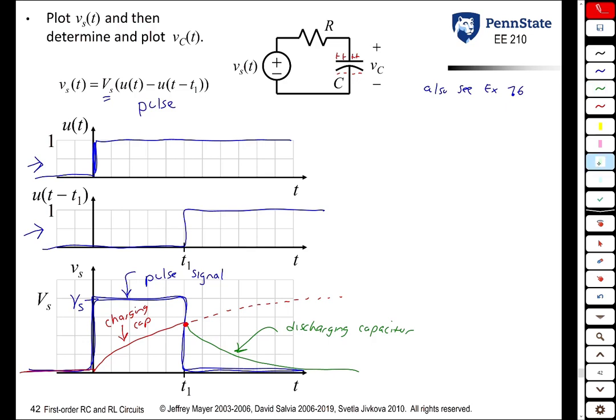And so the total shape of the voltage across the capacitor is going to look something like that. On the next page, we're going to come up with an equation for Vc of t.